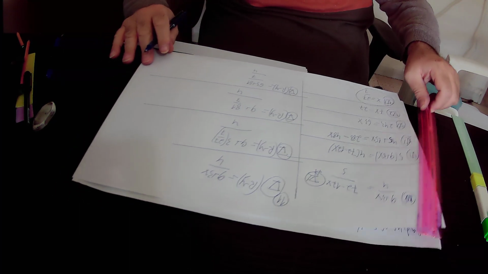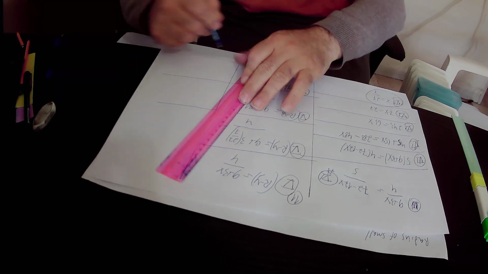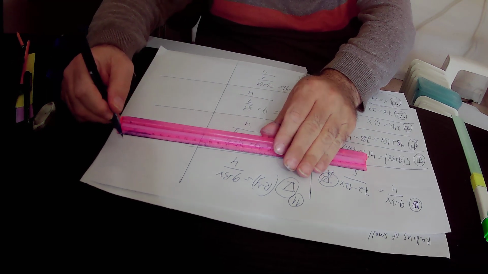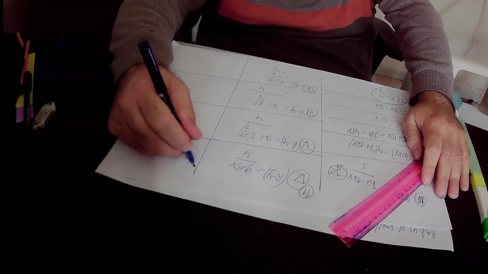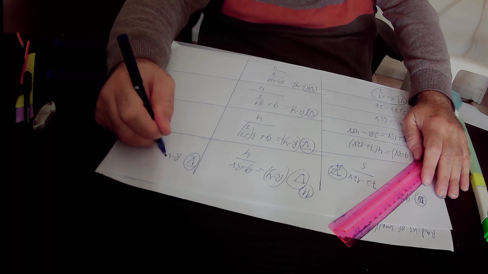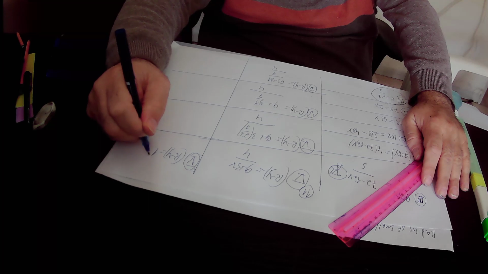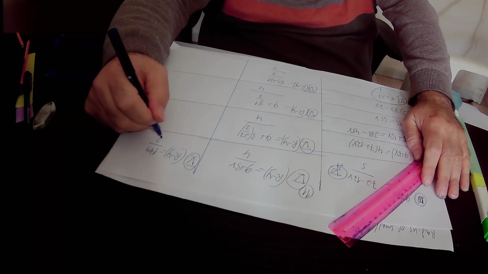Here 7 times 4 is 28, so according to equation number 5, we will get that 63 plus 81 is 144. 4 times 7 is 28.